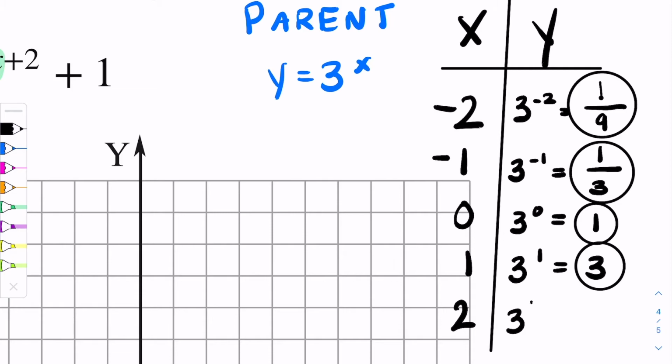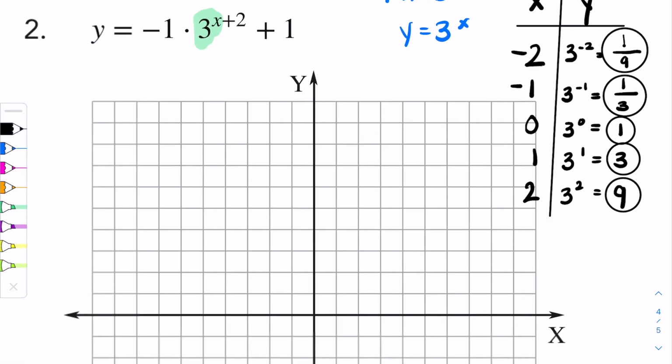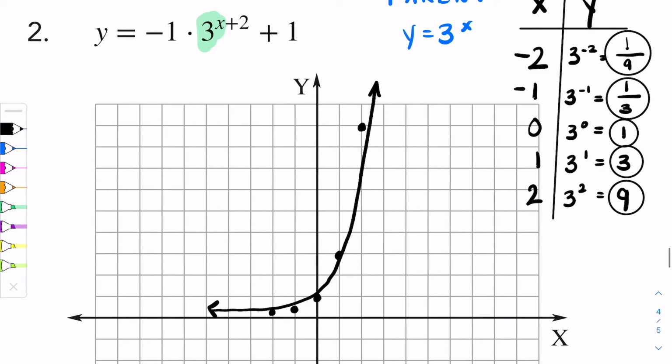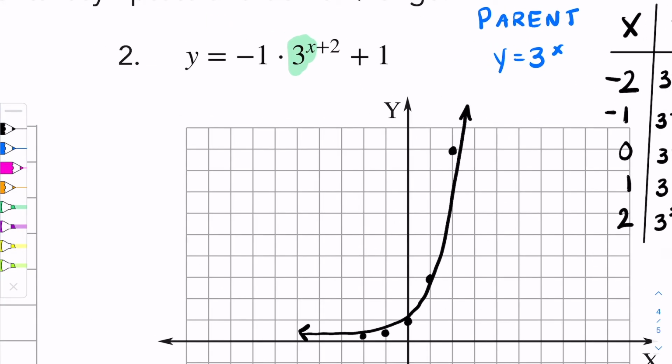For 2, 3 to the power of 2 is 9. So I can plot these points before I do my transformations. I have points at (-2, 1/9), (-1, 1/3), (0, 1), (1, 3), (2, 9). Our horizontal asymptote is currently at y equals 0, so that graph is approaching the line at y equals 0 but never touching or crossing.